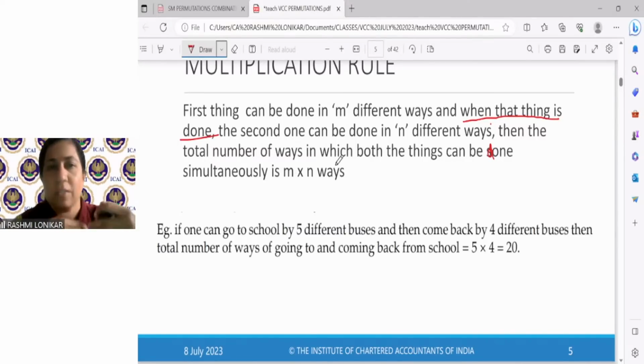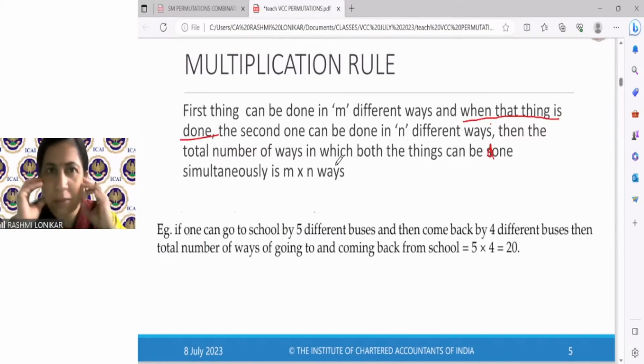If I have two tasks, I take the first task and complete it, then I do the second task. The combined number of ways in which these two can be done is m into n.